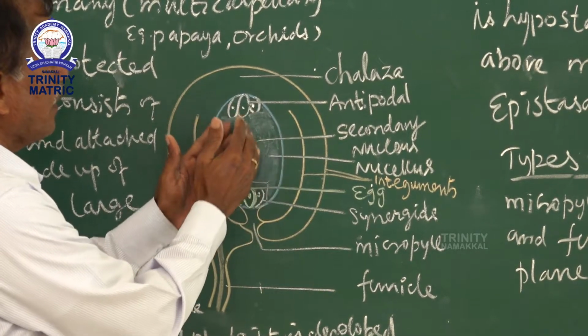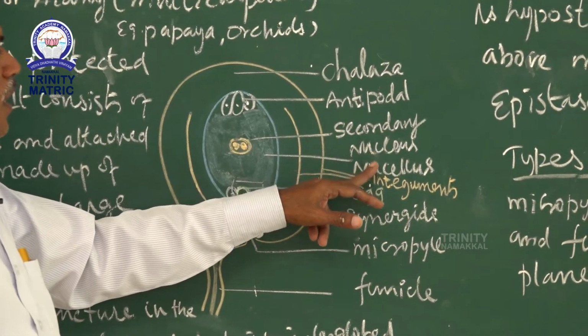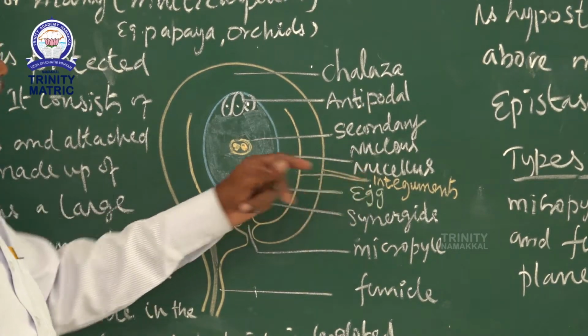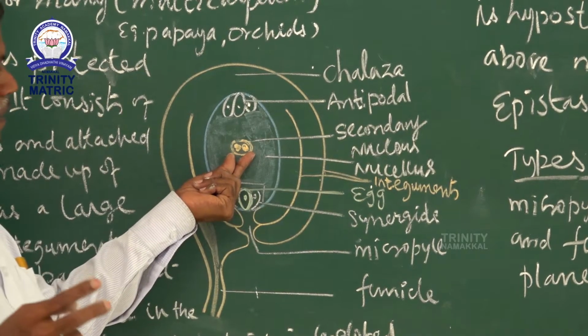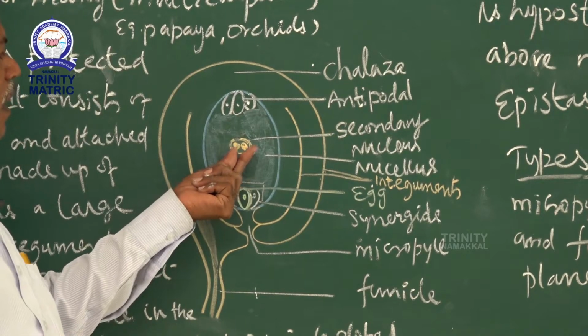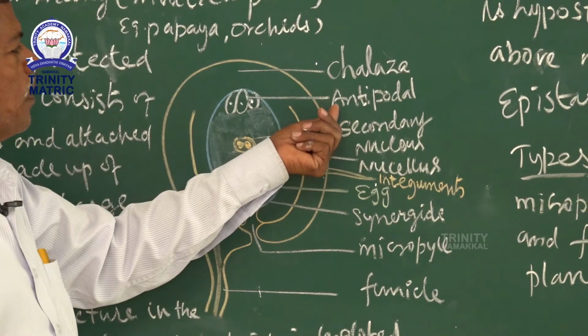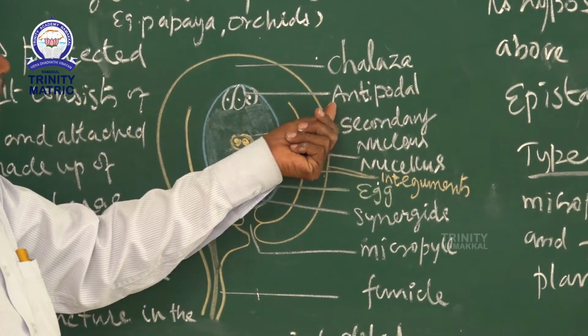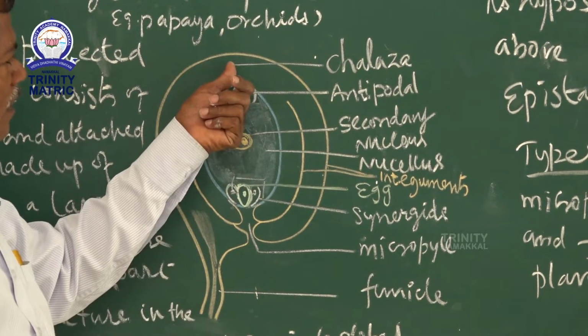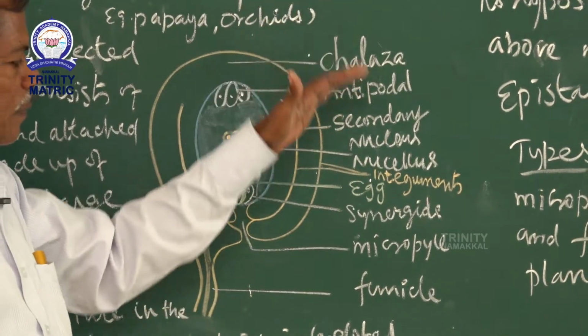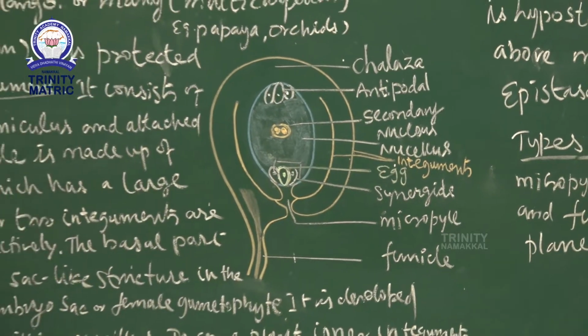Within the embryo sac is the nucellus, and the center part with two cells is called the secondary nucleus. At the basal part is the antipodal. Opposite to the micropyle is called the chalaza. We will see the parts one by one.